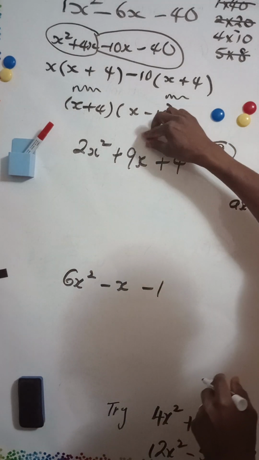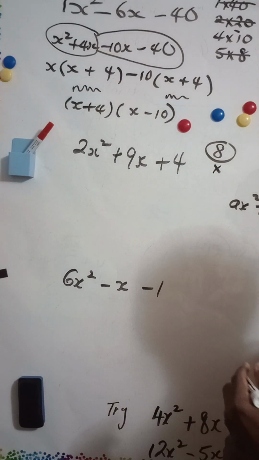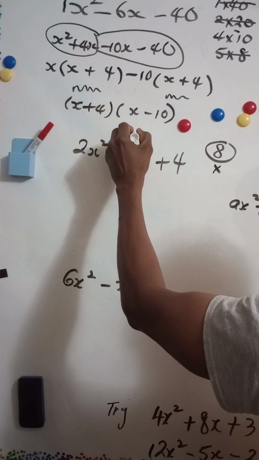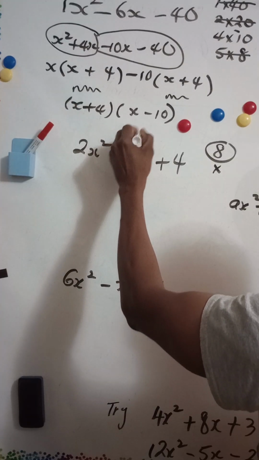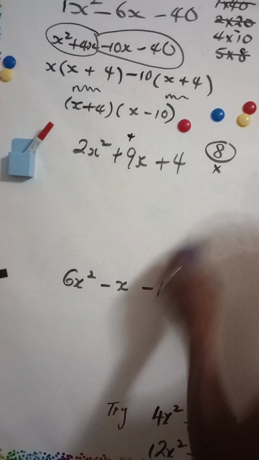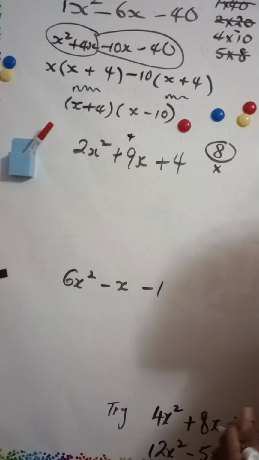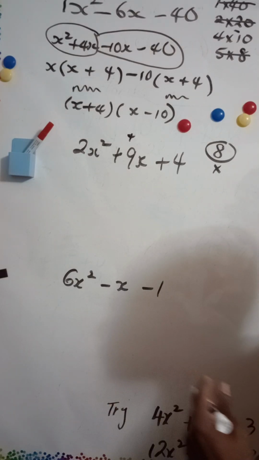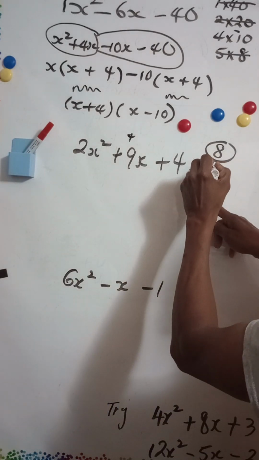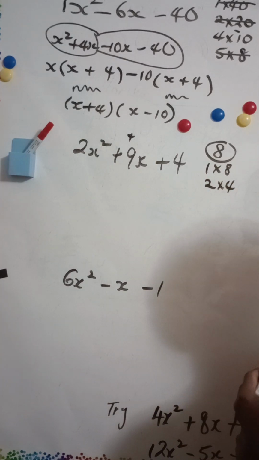And what do we need now? We need two numbers that, when you multiply them, you get 8, and when you add them, you get 9. So what are those two numbers? Let's get after them and see what happens. What are the pairs of factors we can multiply and get 8? They are 1 and 8, and 2 times 4.